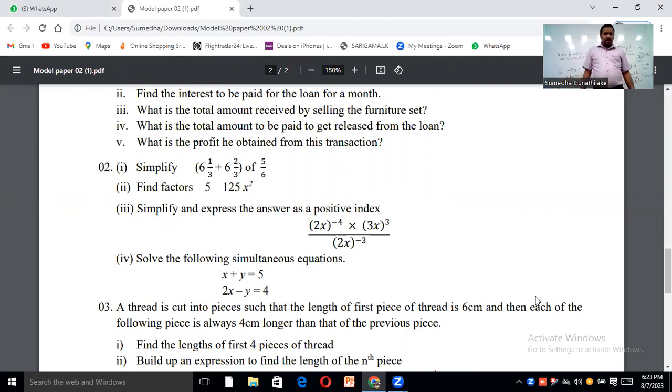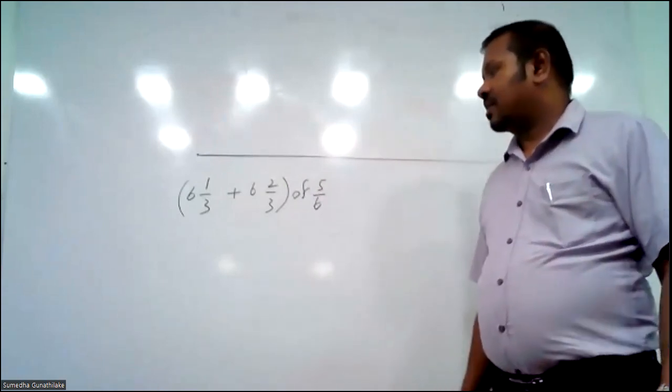Then question number 2, simplify these fractions. Six and 1/3 plus 6 and 2/3 of 5/6.